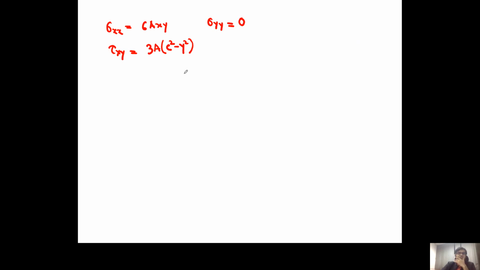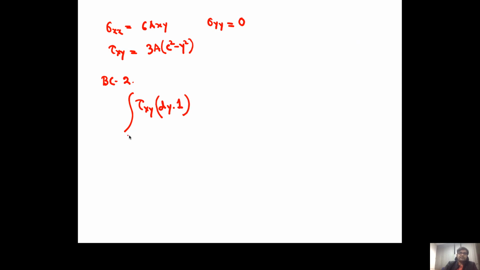Correct. So now, with these three stress conditions, A is still unknown, and we talked about boundary condition 2, which is the integration of tau xy dy dot 1.